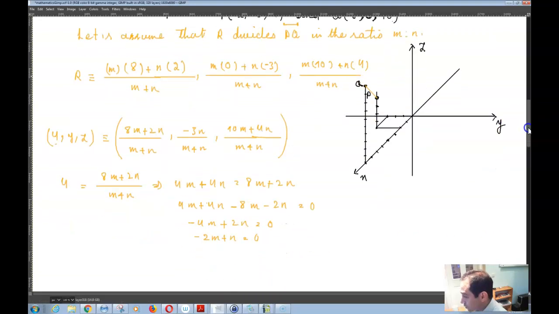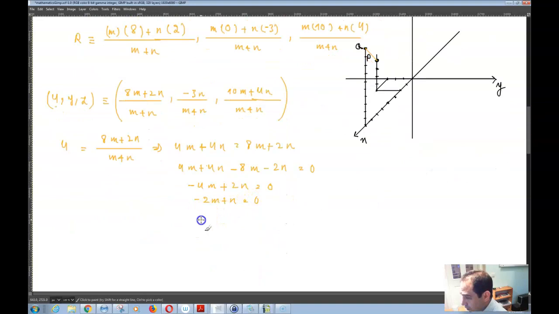If I divide by n, I'll get -2m by n plus 1 is equal to 0. Negative 2 times m by n is equal to negative 1, and m divided by n is equal to 1 divided by 2. So m to n is equal to 1 to 2.